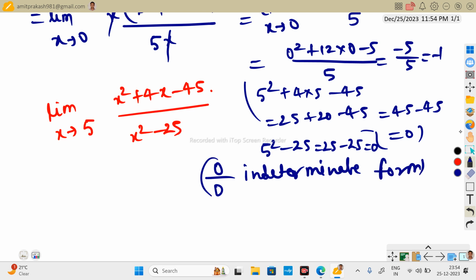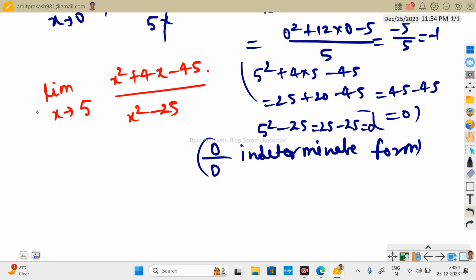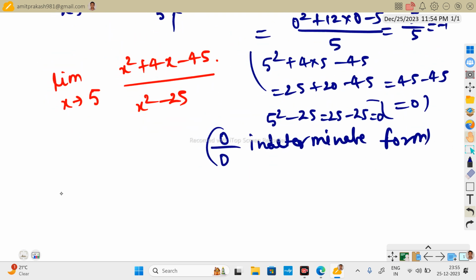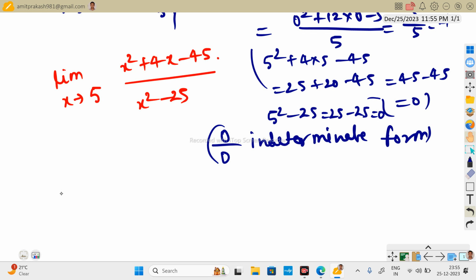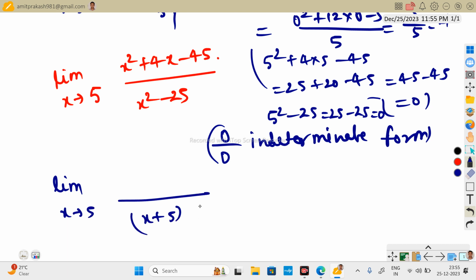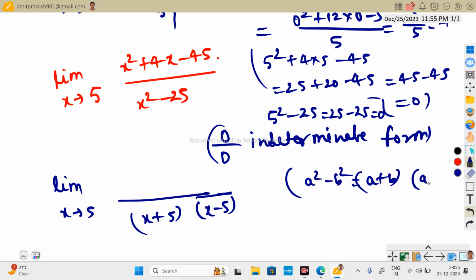So we factor the numerator and denominator. Limit x tends to 5, the denominator can be written as x plus 5 into x minus 5, since we are using the formula a square minus b square equals a plus b into a minus b.